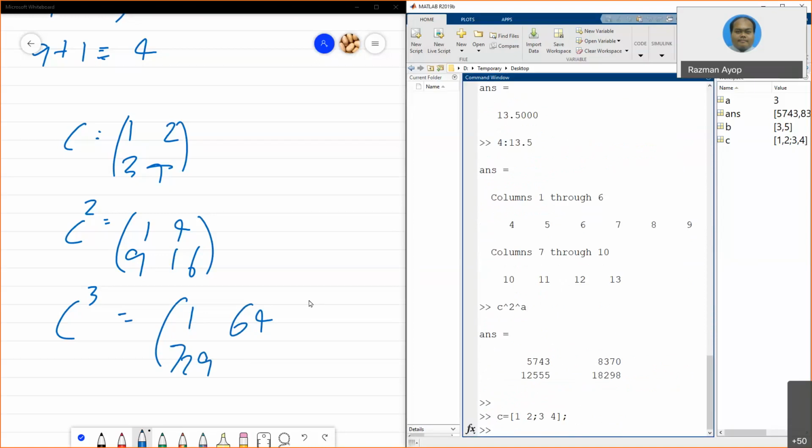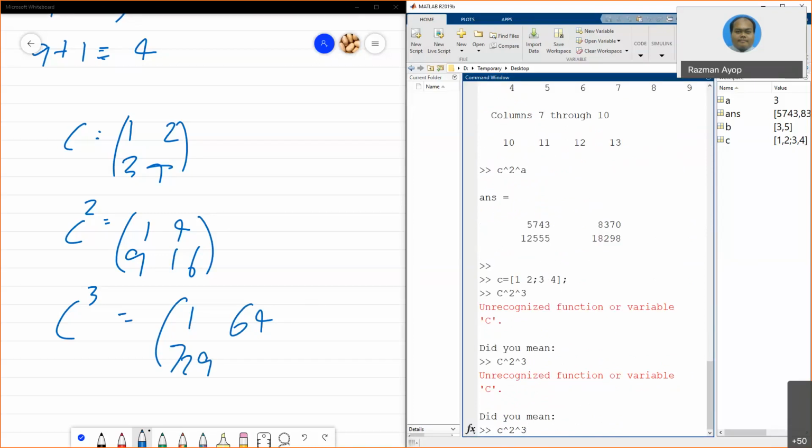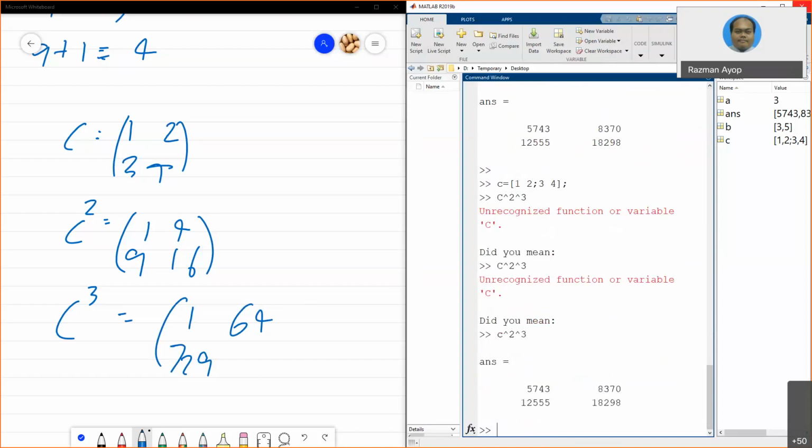C power of 2 power of 3. So be careful with the capital letter.